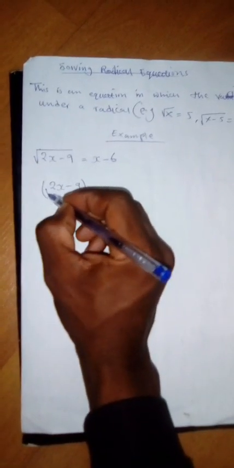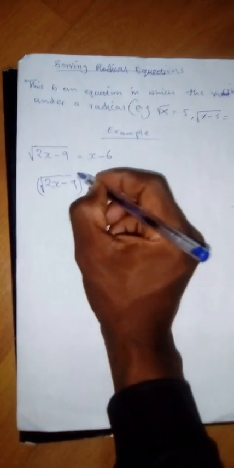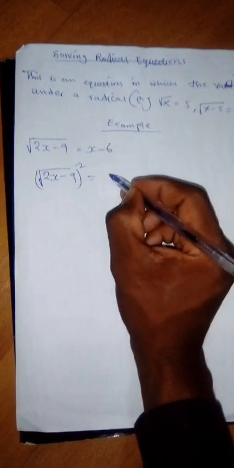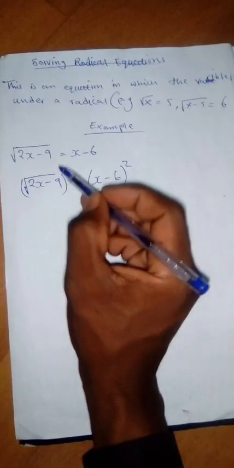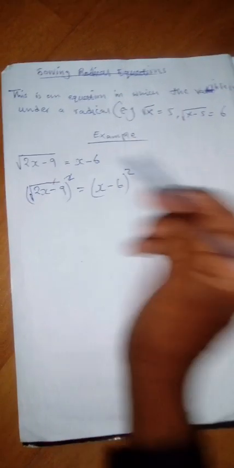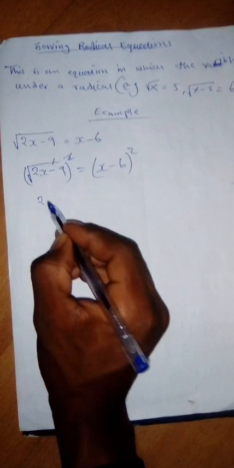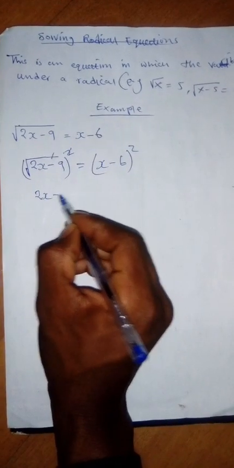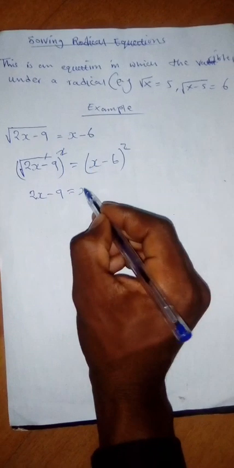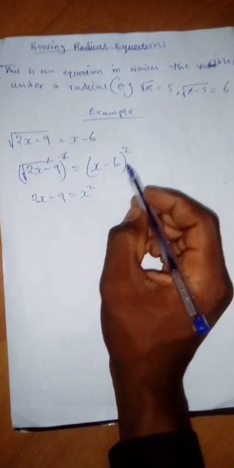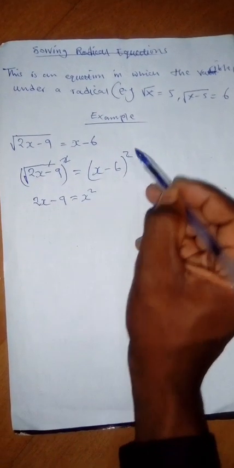We square both sides so that we can get rid of the radical. So here you have 2x minus 9 equals x minus 6, squared.